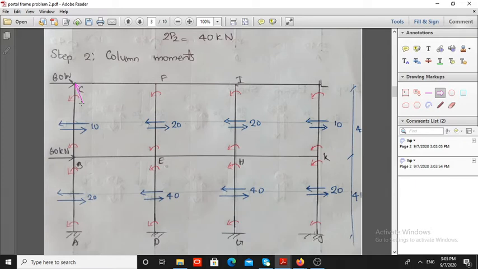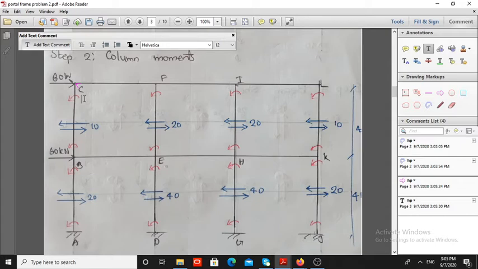So the column moment at this end is sagging and the value is 10 into 2, since this length is 2. Therefore the moment at this end is 10 into 2, that is 20, and it is sagging.